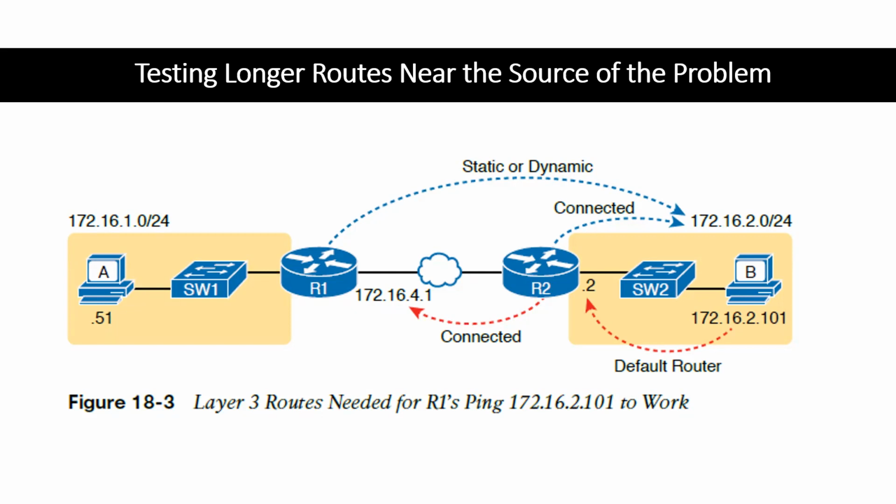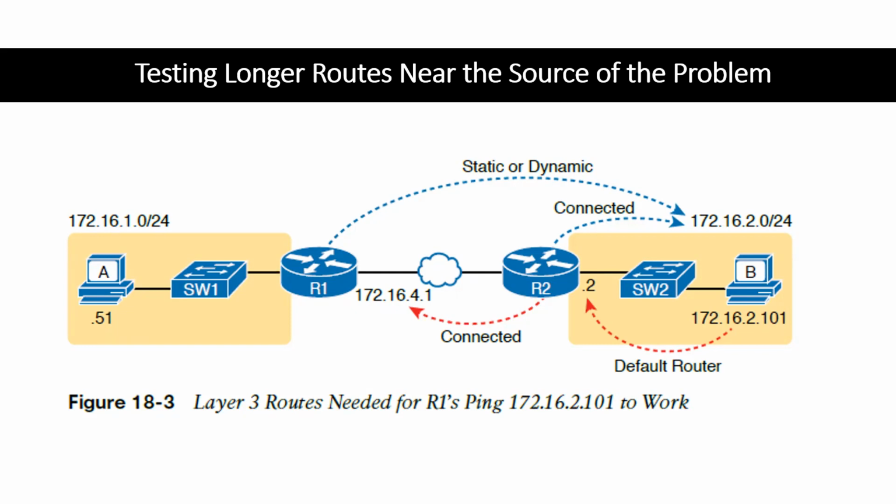He is testing longer routes near the source of the problem to rule things out. So he's checking layer 1 and layer 2 for the up state. He's checking for port security. We're going to talk about that because that's in the next book, in volume 2. He's checking also for spanning tree. He's checking layer 1 and layer 2.